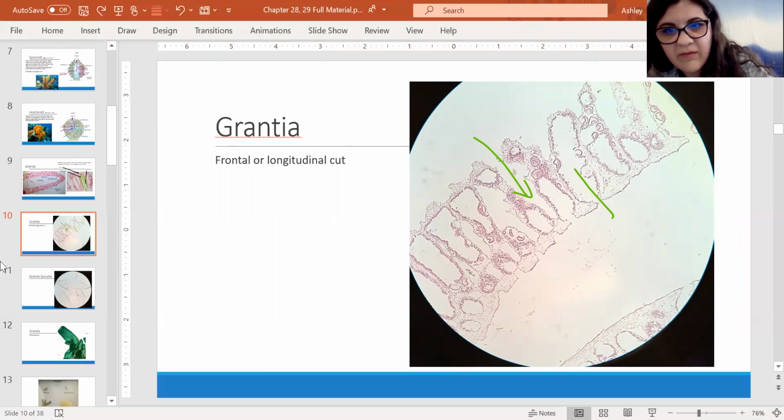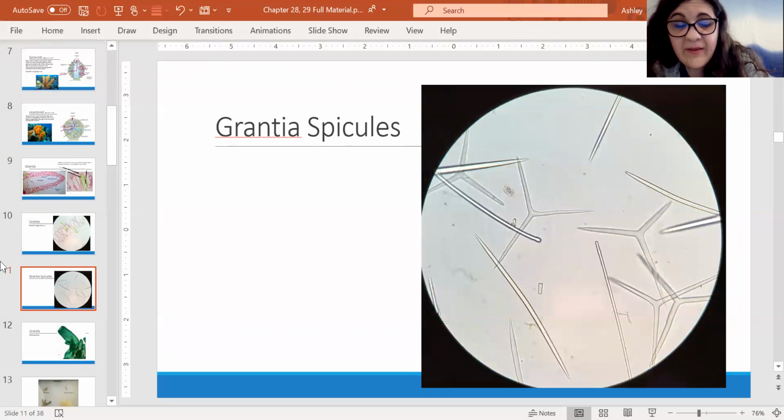If you're looking at water flow, it would be the opposite direction. And then the spicules are spiny, either silica or calcium carbonate rods. They come in different forms, but in the Grantia, they come in a 3-pronged spicule, and it looks like a Mercedes logo, which is what I like to tell the students.